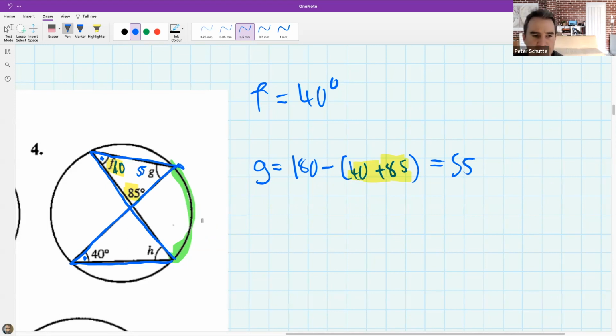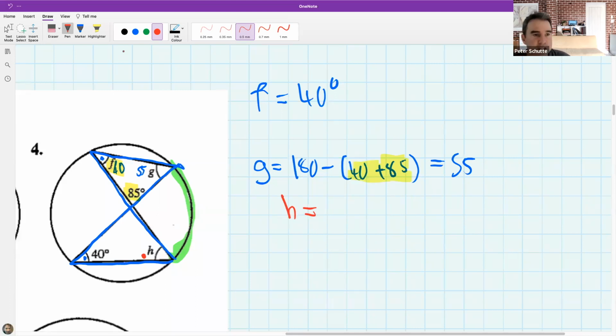Now there's one more thing that we need to get. It's H. There's a couple of ways we could figure out H. There's a short way and a long way. Umta, what do you think, how do you find H? So I think H is going to be 55 degrees, if I'm not mistaken.